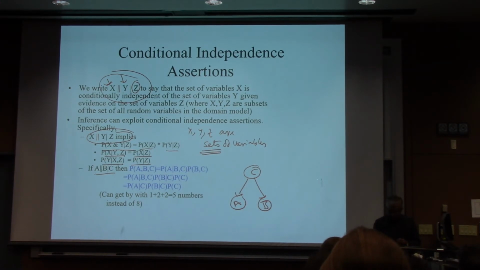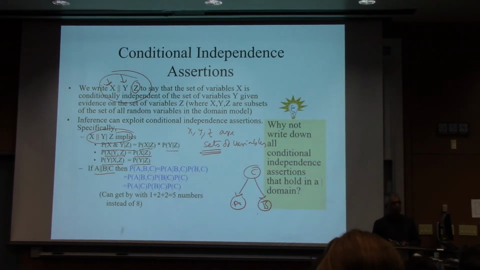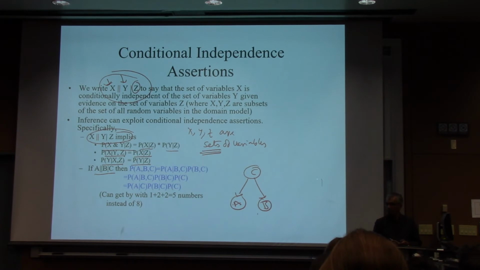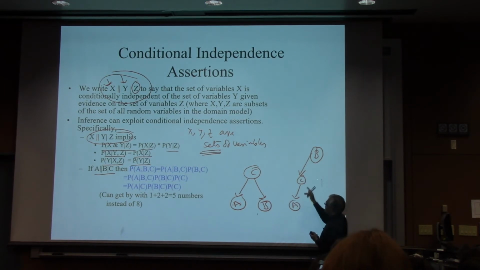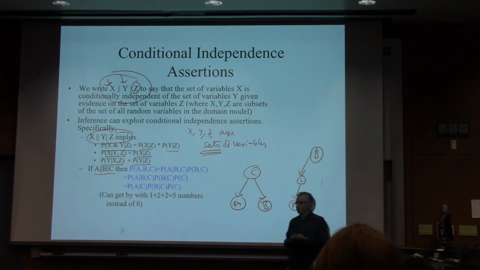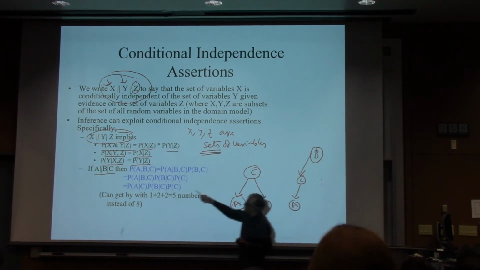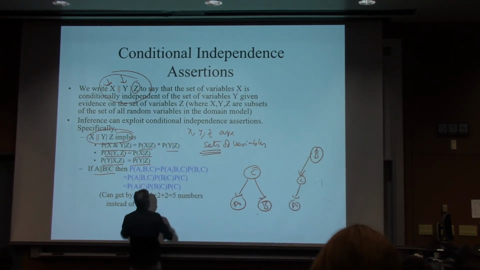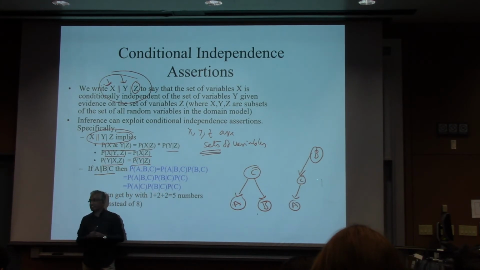In this case, A would be independent of B given C. You can also do this: C, A, B. In that case too, A is independent of B given C. In both those cases, that independence relation holds, and when that holds, a whole bunch of simplifications can be done.